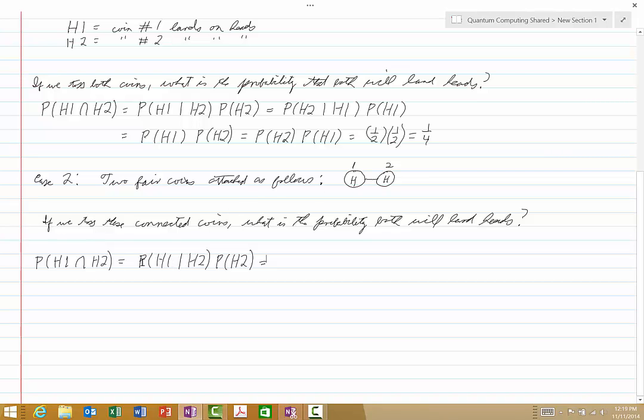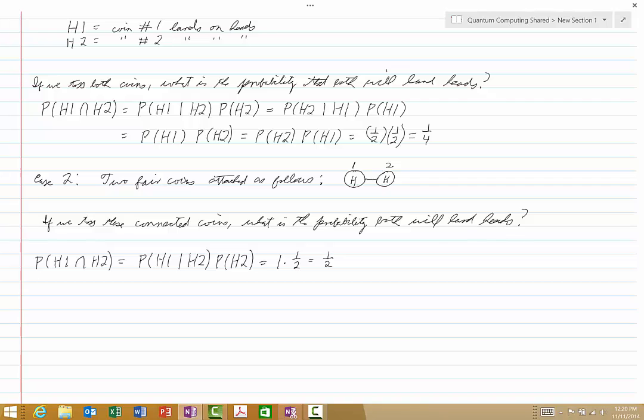So this first probability here simply becomes 1. And then the probability that the second one lands heads, since it's a fair coin, that's 1/2. And so now our probability that both would land heads is 1/2. And of course there's also a 1/2 probability that both would land tails.